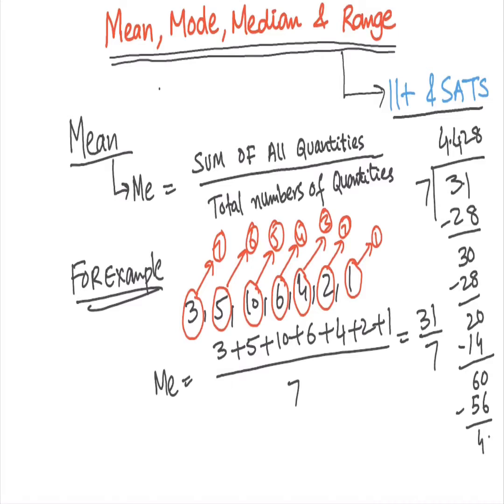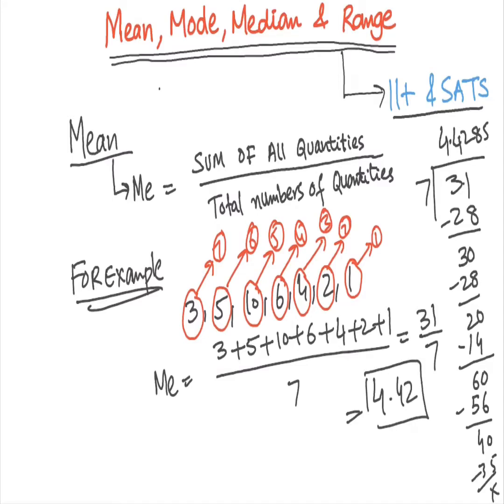And then we have 4 and 0, and 7 times 5 is 35. If you carry on like that, it is hard to find the mean value in these cases. So we take the first two values after the decimal, and that is 4.42. So the mean value is 4.42 in this case.